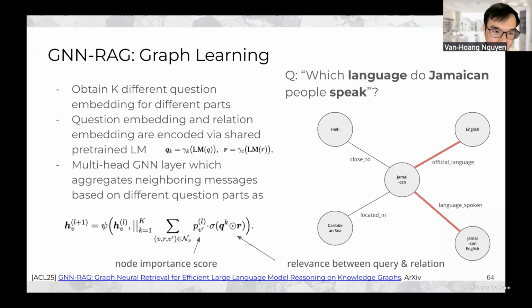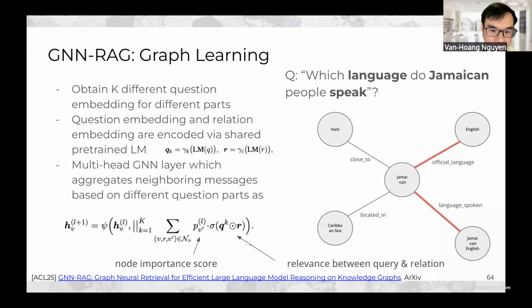First, about the graph learning, we'll try to obtain k different question embeddings for different parts of the question. You can think of this as an analogy to multi-head query attention.